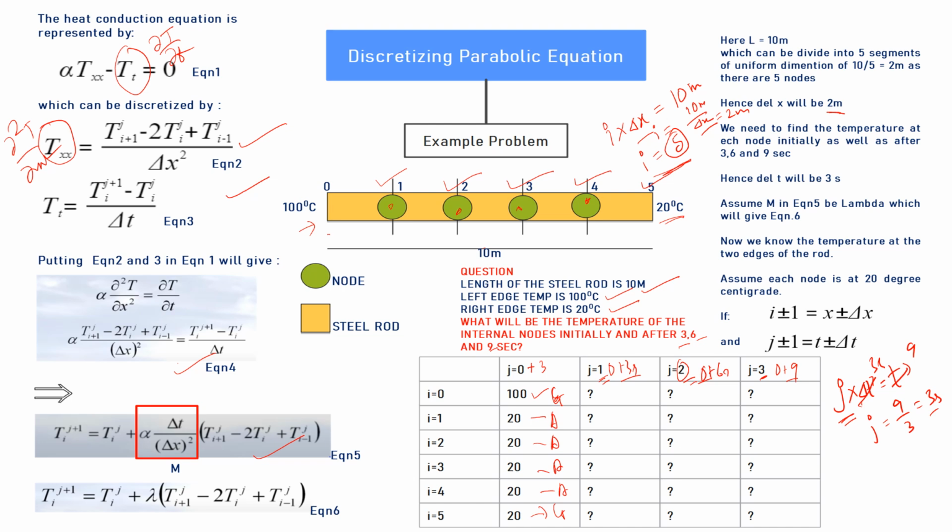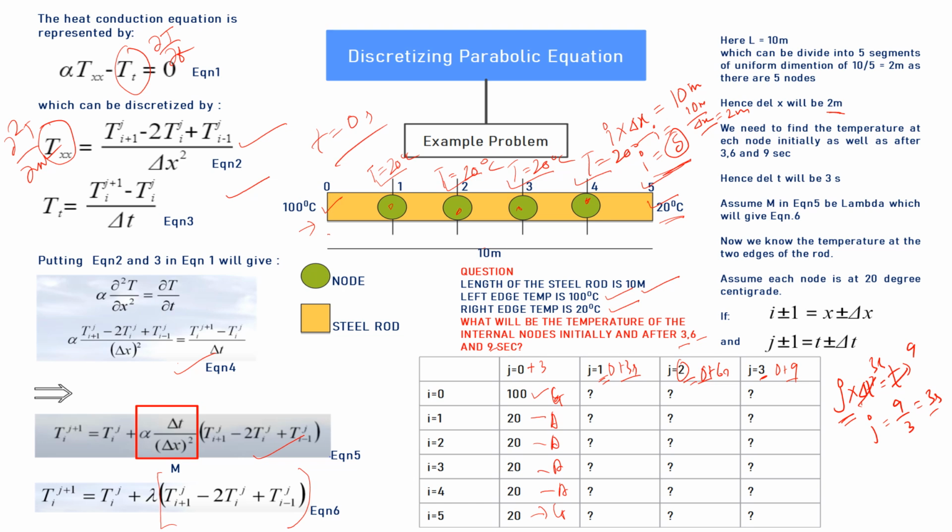You see, this part is known, this part is known, and we have assumed that all these nodes are at a temperature T equal to 20 degrees centigrade at the initial time, at T equal to 0 second. Now here you see, first take this part.